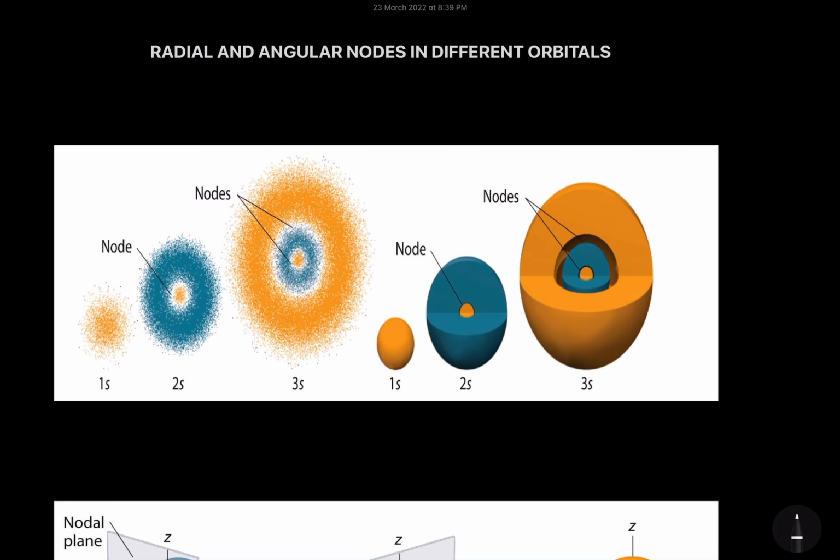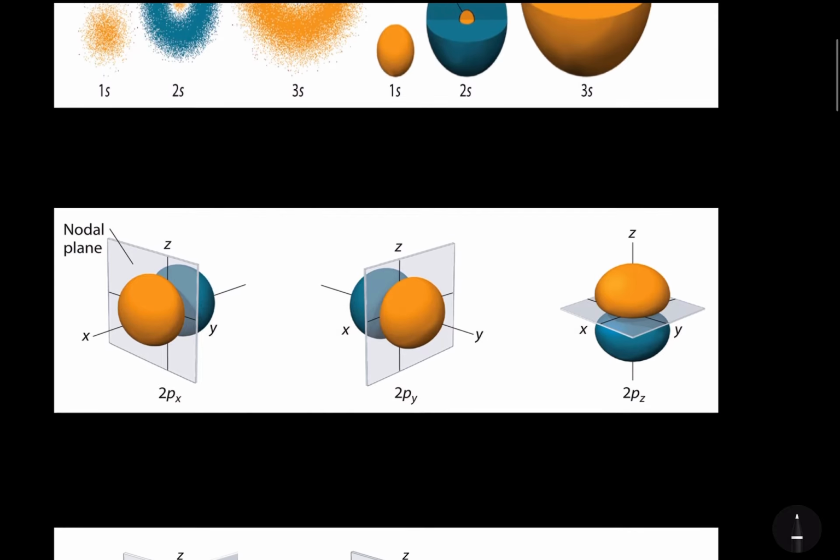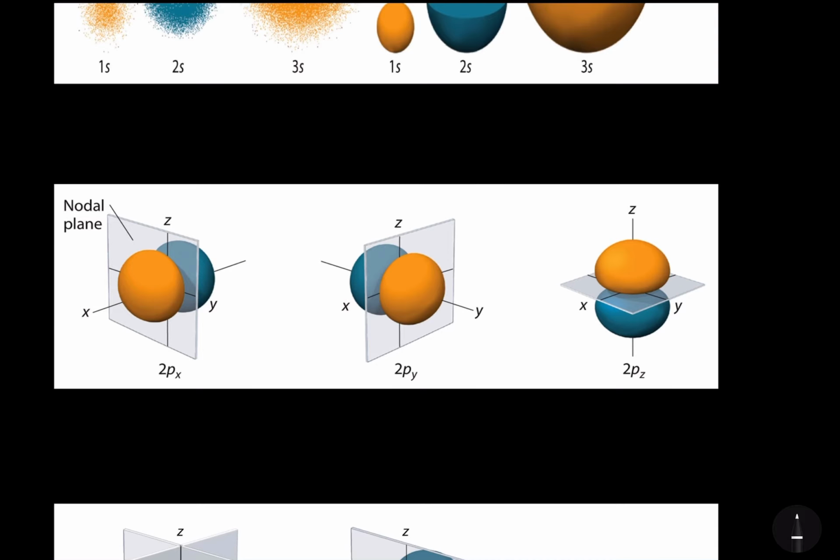Now let's talk about the angular node. An angular node is the planar region around the nucleus where the probability of finding an electron is 0. Now that planar region will exist in the p and the d orbitals.